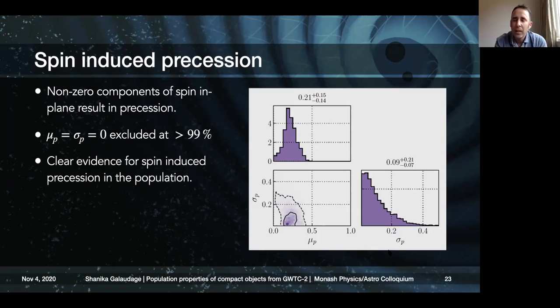Shanika? Is it okay if I jump in to help with this one? This analysis is done by Tom Callister and Will Farr, and I think the way that they did it is they fit the posterior samples from individual events with a KDE so that they got support. They're basically not recycling for this analysis so that you can have support near small values of chi-p.